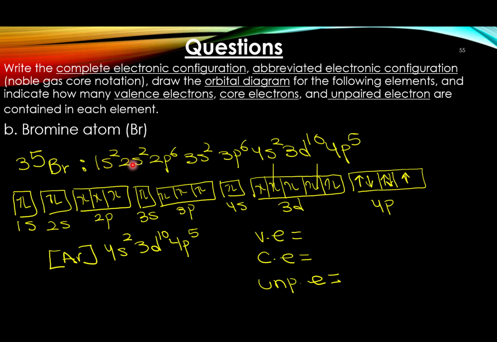We have 1, 2, 3, 4. Then this is 4. What are the subshells? It's s and p. Then 2 is coming from 4s, and 5 is coming from 4p.